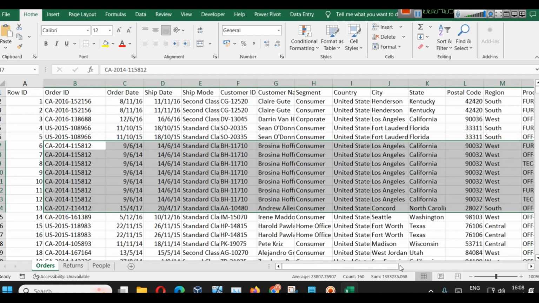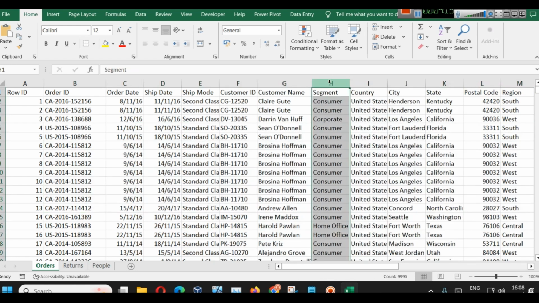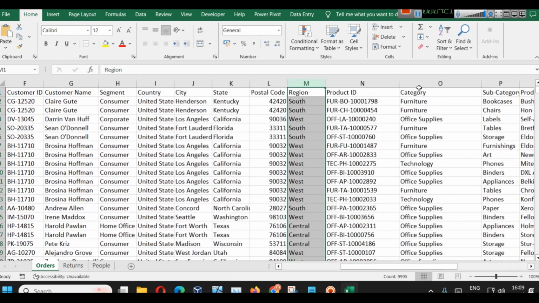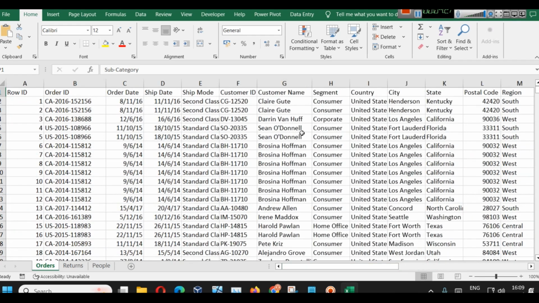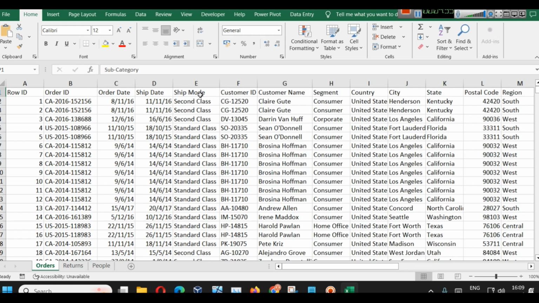Now in this data set you will see we have some demographic information of the customer. We have the customer segment, the customer's country, city, state, postal code, region, category, subcategory, etc. Whenever you get a data set, you will get some fields that are categorical, like what was the shipping mode of that particular order, right?